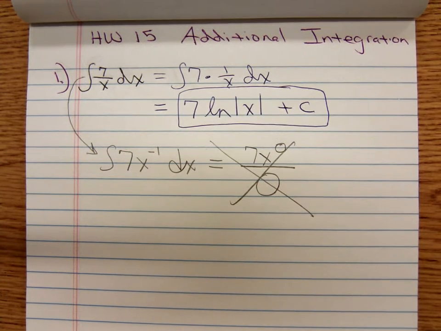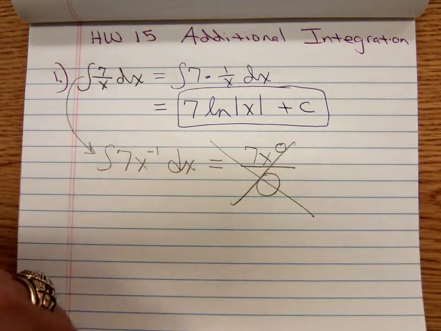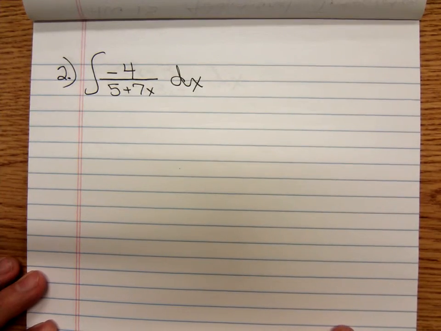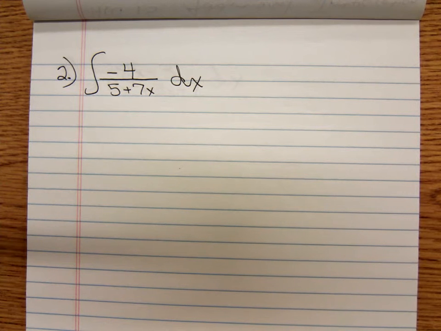Okay, number 2. That's the antiderivative of negative 4 over 5 plus 7x dx.